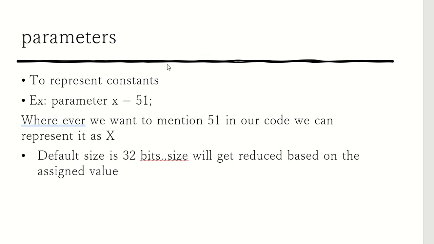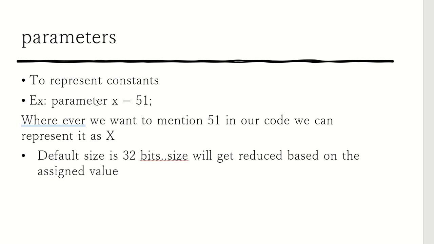And the next one is parameters. Parameters are generally used to represent constants. For example, there is a 32-bit constant which has to be used in code many times. If we mention a bit wrongly, the whole code will not function correctly. So whenever we want to use some constants repeatedly, we use parameter.